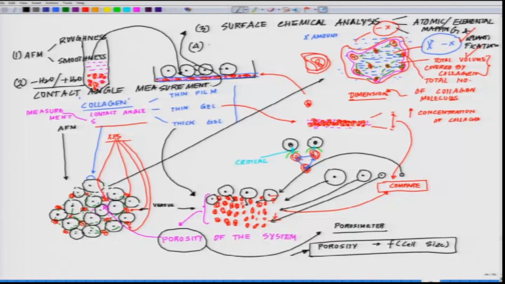Then, if it is a gel or if it is a 3D material you are handling, you can go for porosity. So, you see, at your disposal, you have so many different techniques and you can vary the porosity depending on which cell type you wanted to deal with.